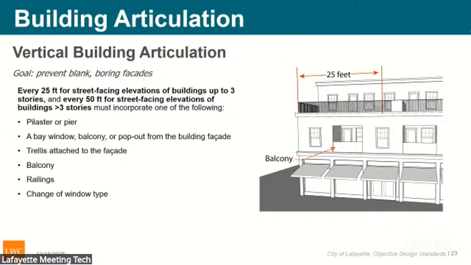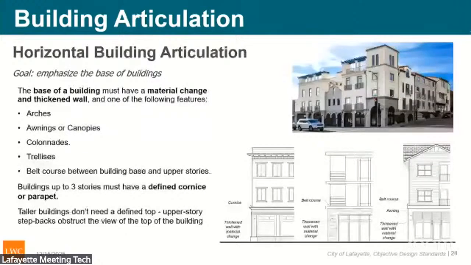We introduced vertical, well, this one not so much introduced. A lot of this is taken from the objective design standards from 2019, but we established vertical building articulation standards, but also varied them based on building height here. And horizontal building articulation.